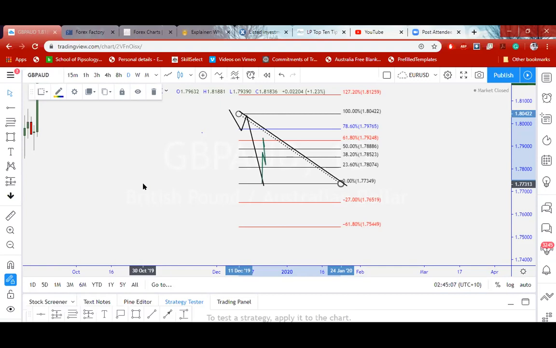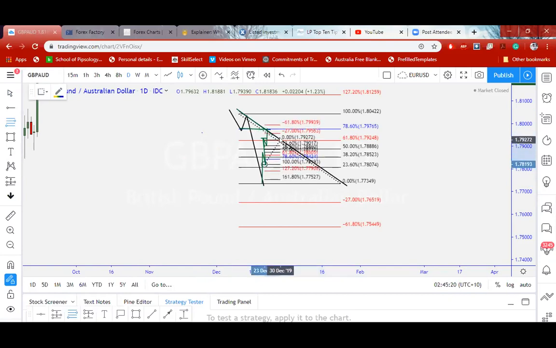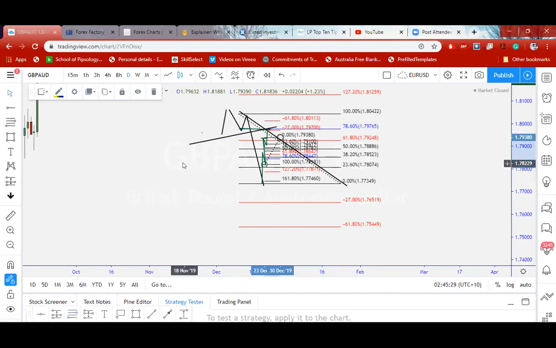And if the price is on the 78.60 and the 78.60 lines up with the Fibonacci low to high and the support resistance zone and trend line and counter trend line, you can take the trade immediately on this level.